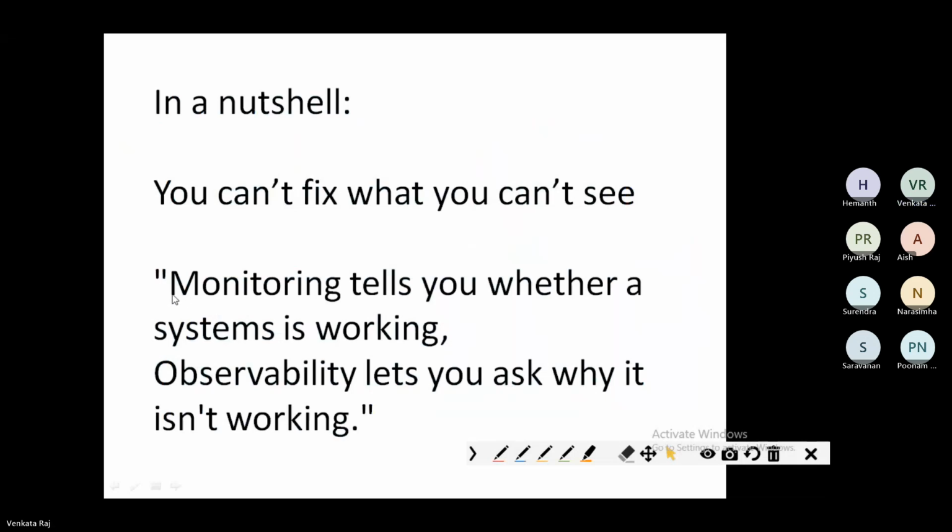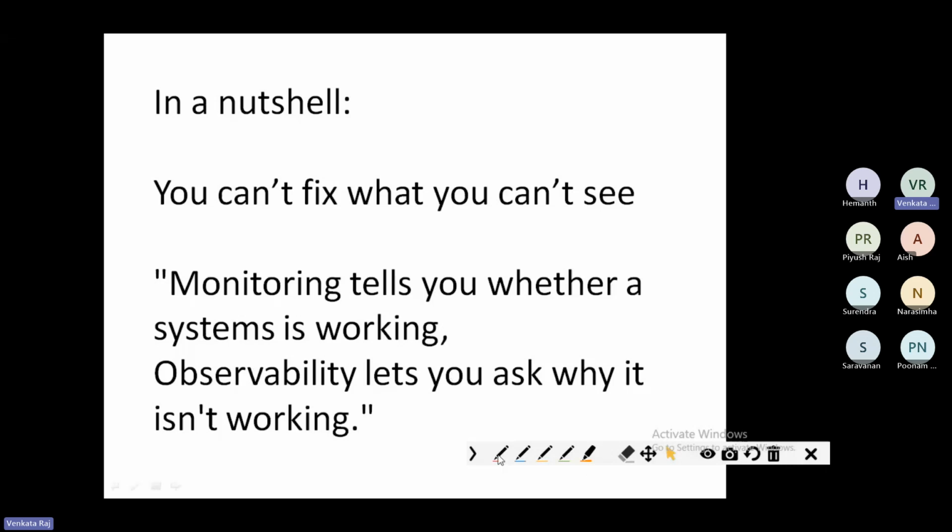Monitoring will tell us whether a system is working or not. But if it is not working, monitoring doesn't have the answer why it is not working. But with observability, we'll be able to ask the question why it is not working, and we'll be able to find that out.